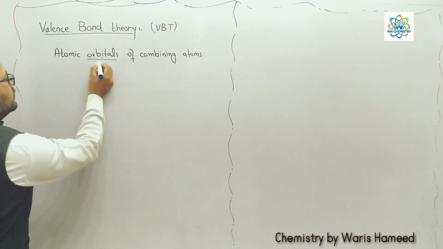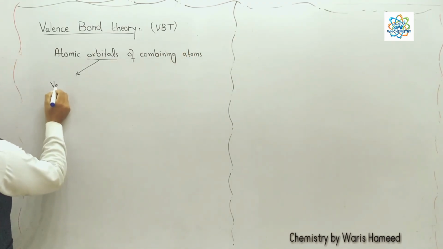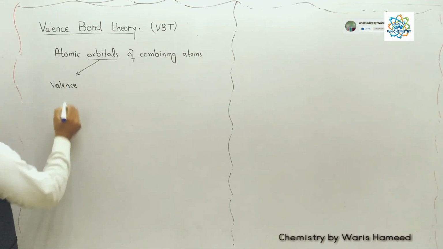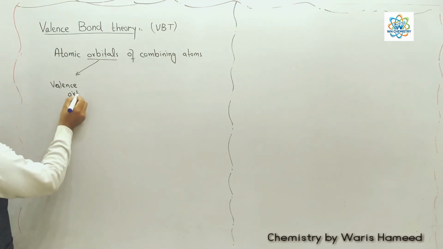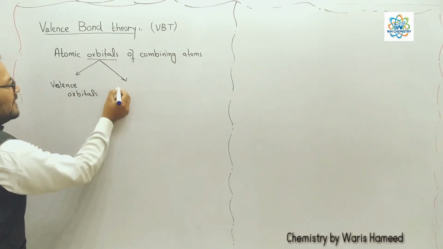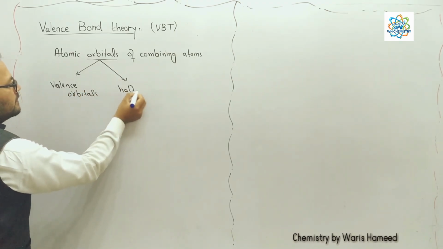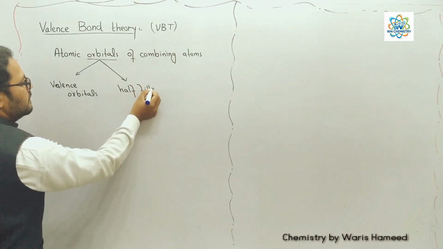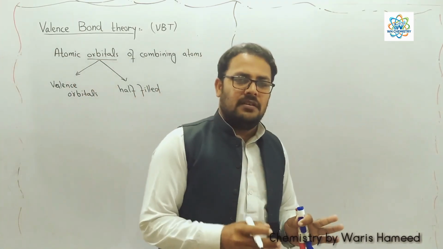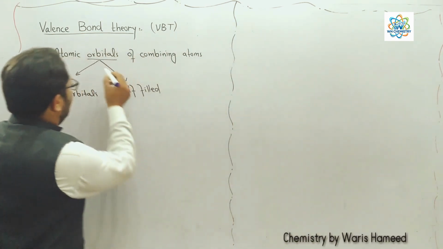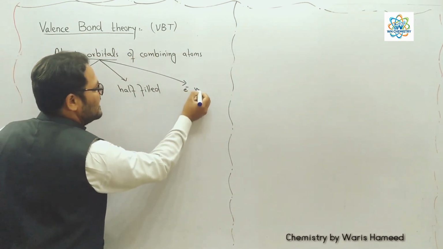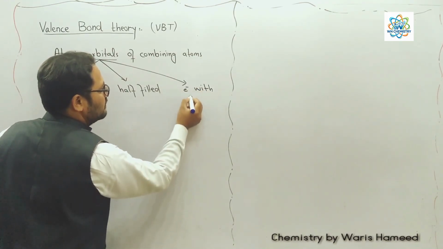these orbitals should be valence orbitals. They should be half filled. These orbitals should be valence, they should be half filled, and they should have electrons with opposite spin.